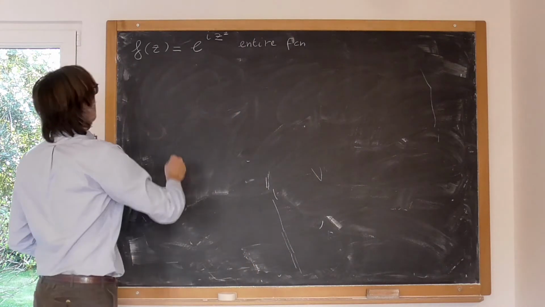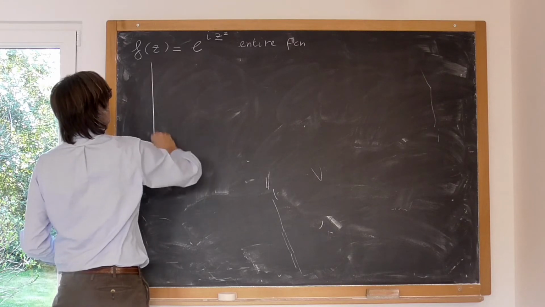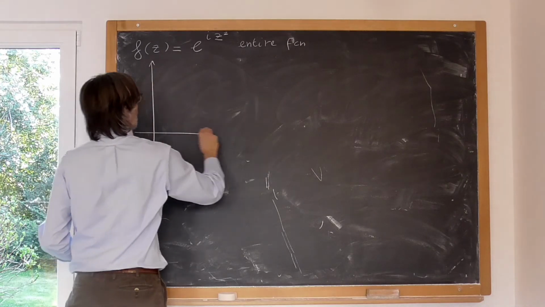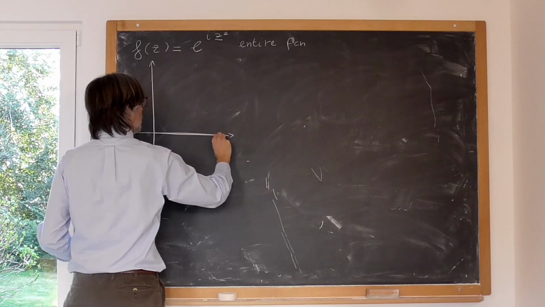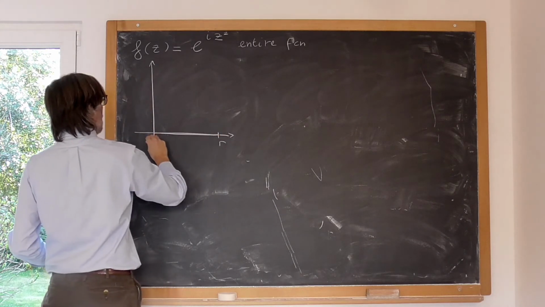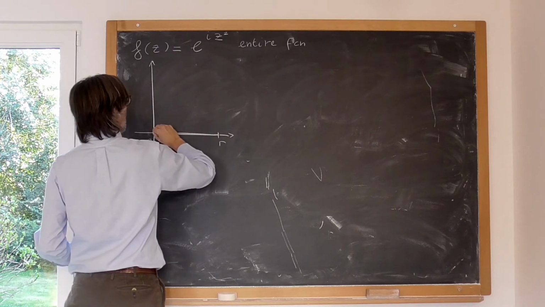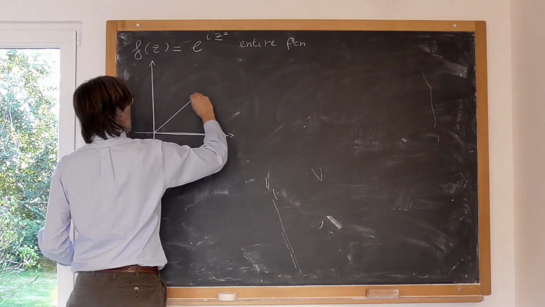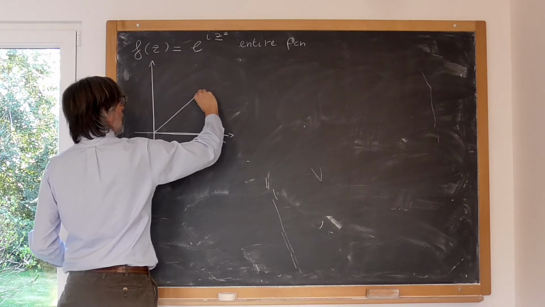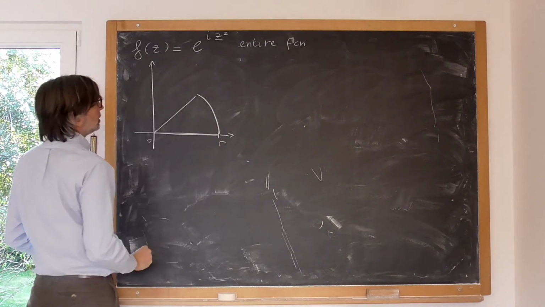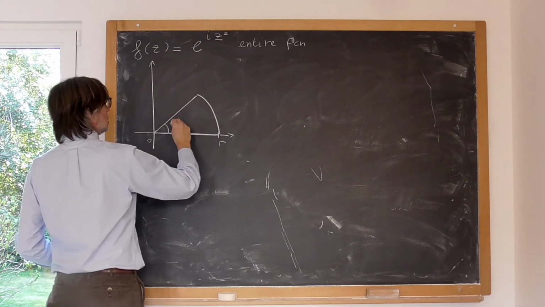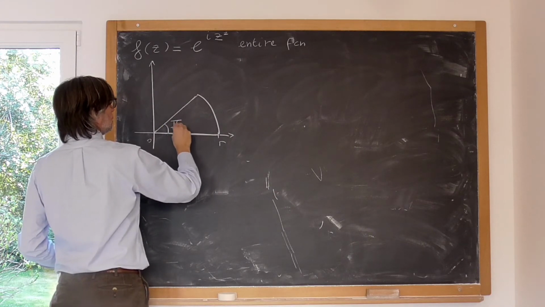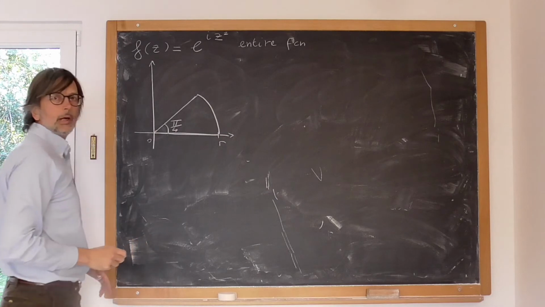And we will integrate this entire function over this contour. We go from 0 to r, and then we look at an arc of a circle of radius r, and here the angle is pi over 4. Okay?